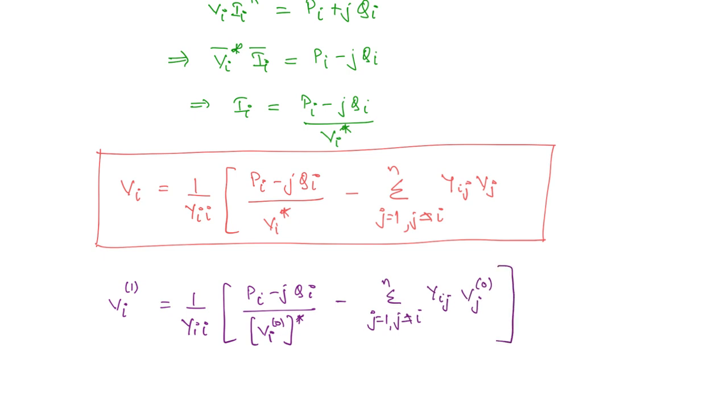Okay, so this is how you find out the voltage of the bus at the first iteration.